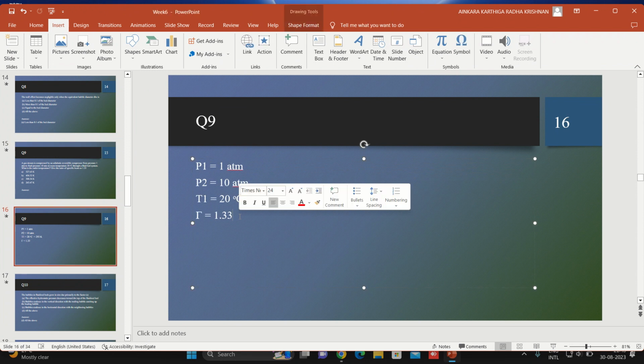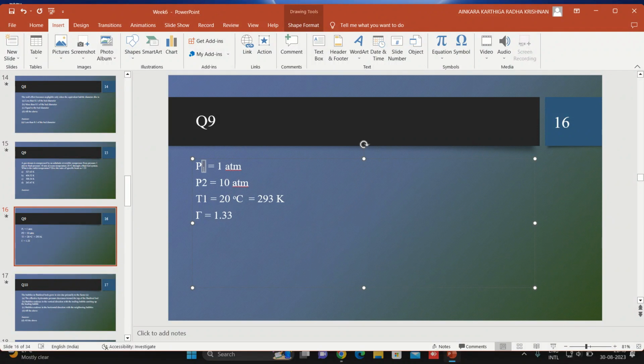So, what is the thing that we need to be calculating? We need to find the T2. T2 is equal to T1 times (P2 by P1) to the power of (gamma minus 1) by gamma.